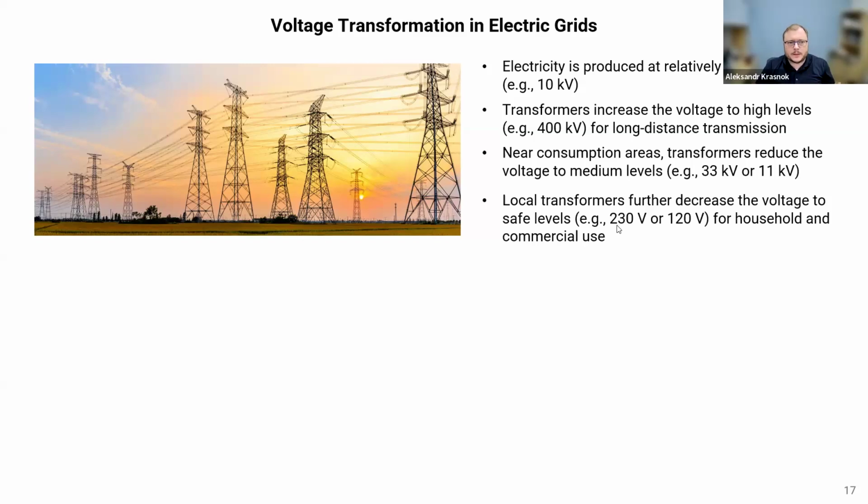So the question is why, right? Why do we need to raise this voltage from 120 volts up to hundreds of kilovolts? Why do we need to arrange all these electric grid lines in such a way?